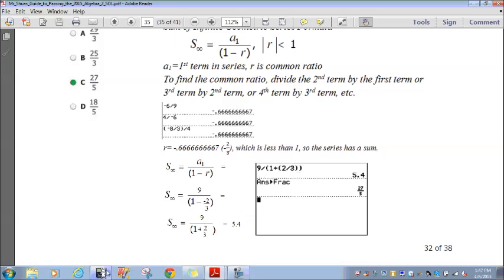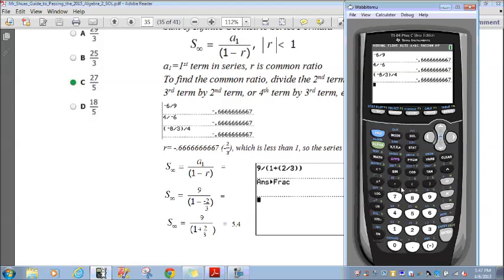Matter of fact, I've got my calculator up. Let me just go ahead and do it here. So 9 divided by 1 plus, and I'm just going to place that in parentheses, 2/3. That gives me 5.4.